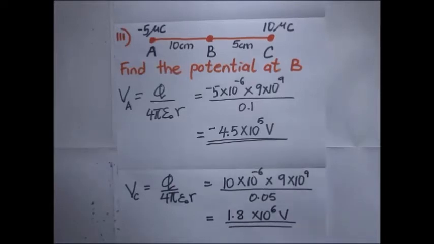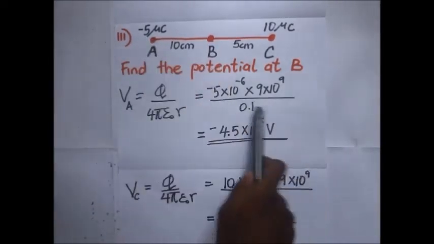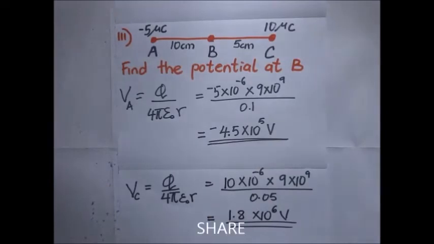So now for us to find the total potential at B, it means that we are going to add the potential at B due to A, which is negative 4.5 times 10 to the power 5. And we also add the potential at B due to C, which is 1.8 times 10 to the power 6. And then we shall get our total potential.